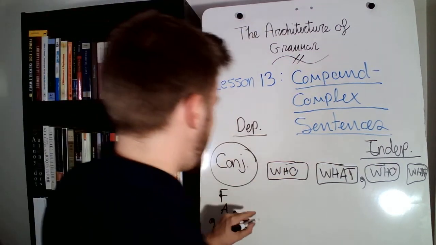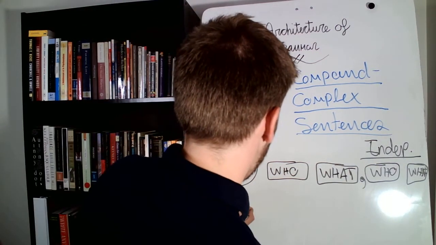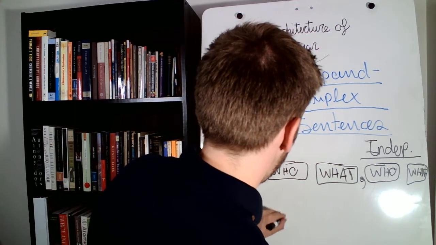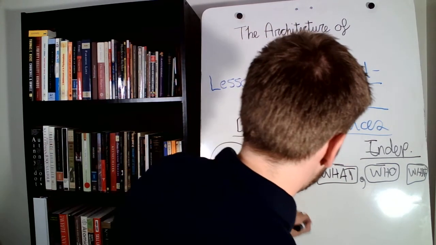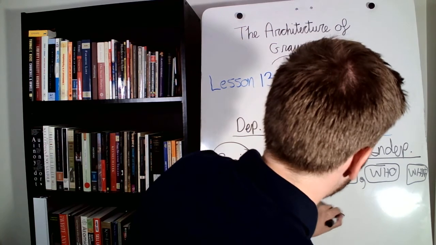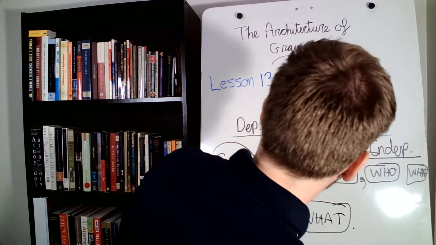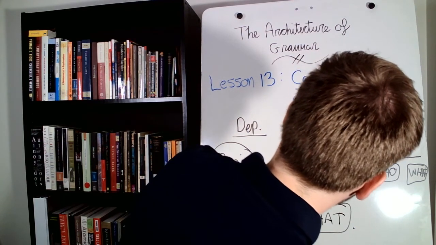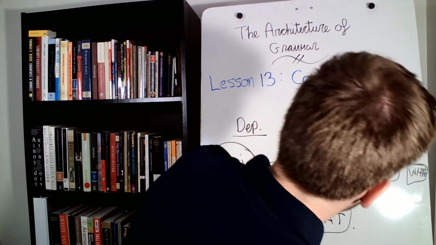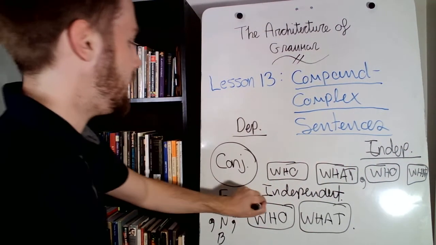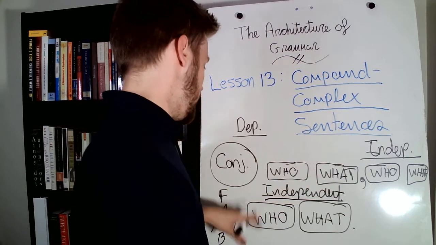And then we're going to have, again, who and what. So this is another independent clause. So dependent, independent, independent.